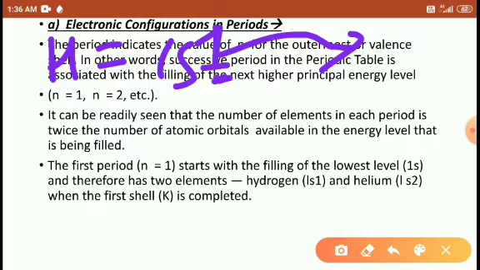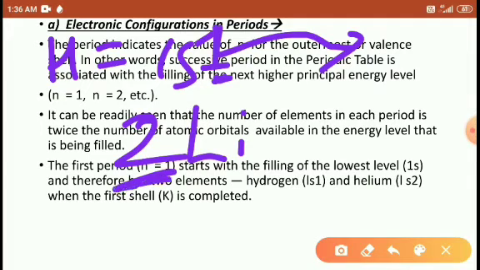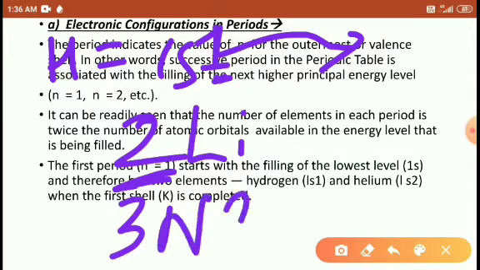Hydrogen belongs to the first period, and the valence electron is one, right? After the first period we move to the second period, where we get lithium, students. Afterwards, in the third period, we get sodium.